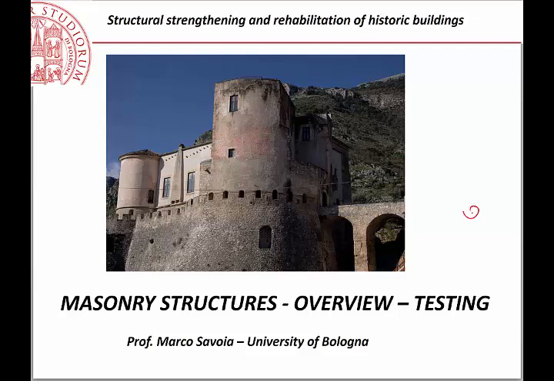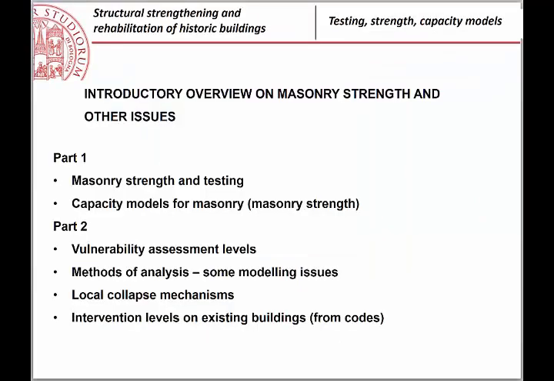Then we will go from the material to the elements. When I say elements, I mean walls, for example. When we talk about masonry strength, it is the strength of the material itself, but knowing the strength of the masonry is not enough, because what is very important is to know the strength of, for example, a panel of a wall, depending on the kind of possible mechanisms that can occur.